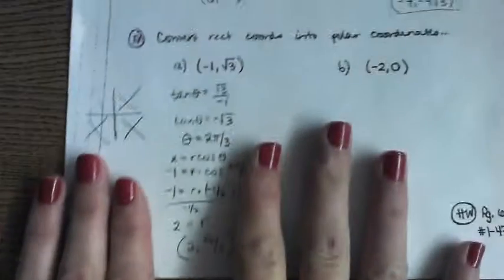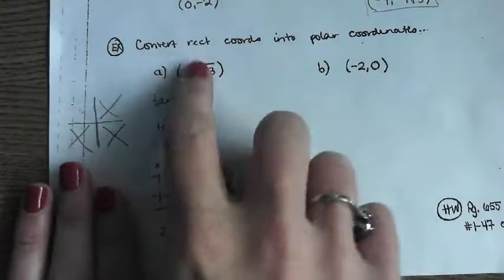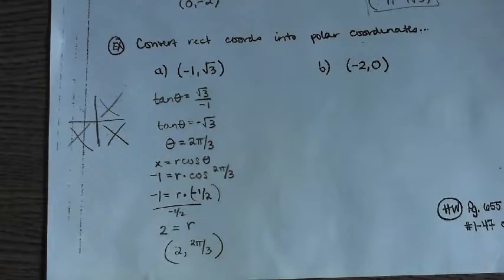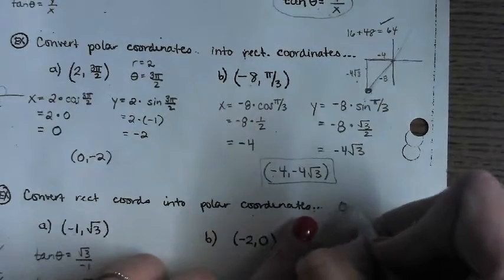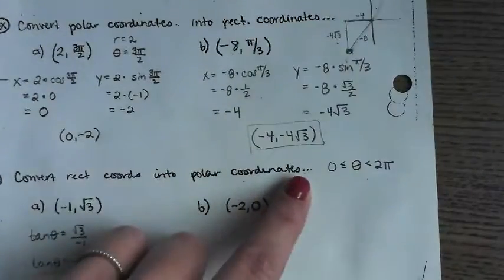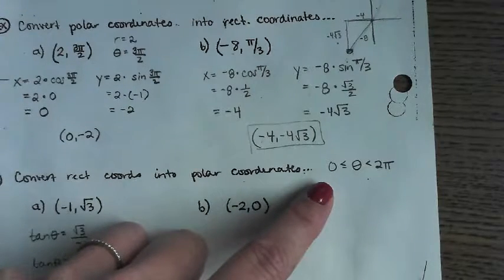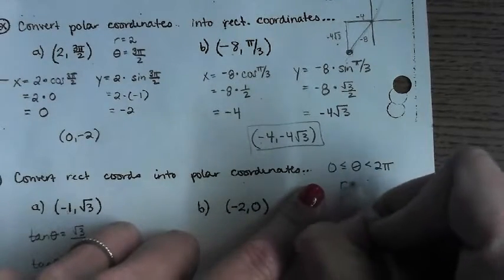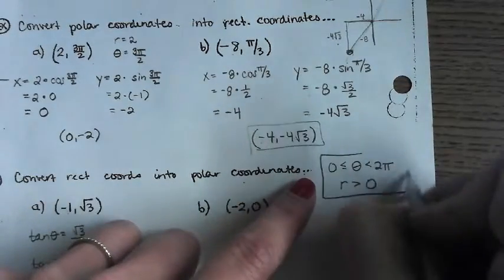Whenever you're given a problem of converting rectangular into polar, because there are an infinite number of polar points that could be in that location, let's say that all of our thetas have to be between 0 and 2 pi. And we all have to use the positive r when we are converting openly.